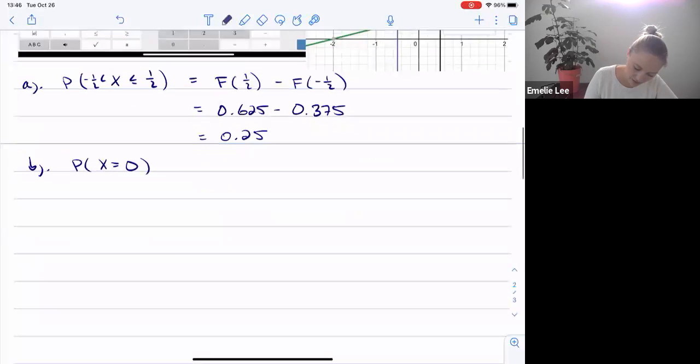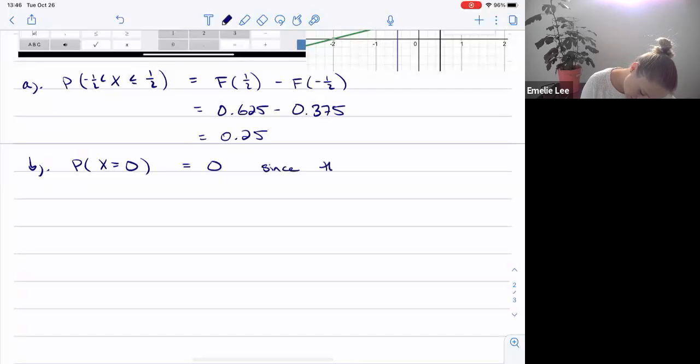So here, the probability that x equals 0 is 0 since there is no interval. You can think of it as F of 0 minus F of 0, which is basically what you would want to do.